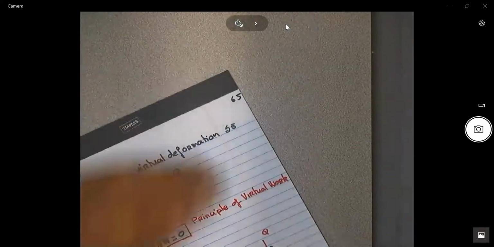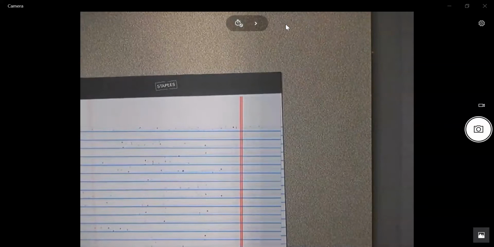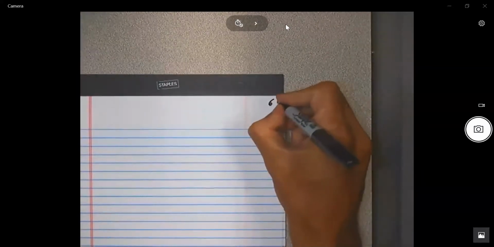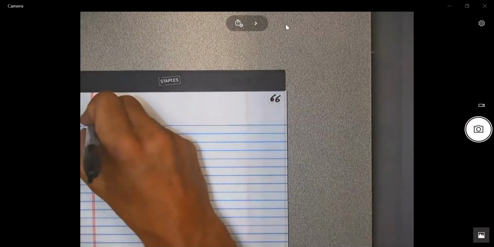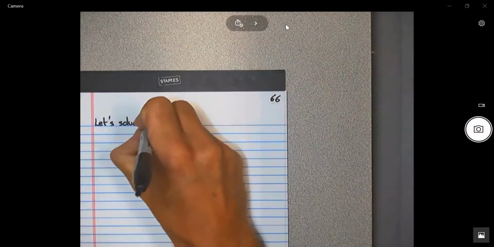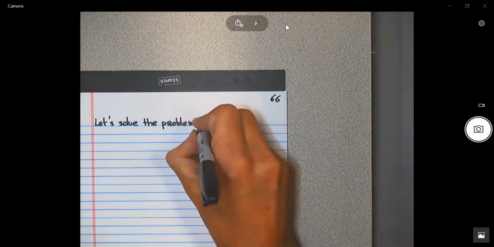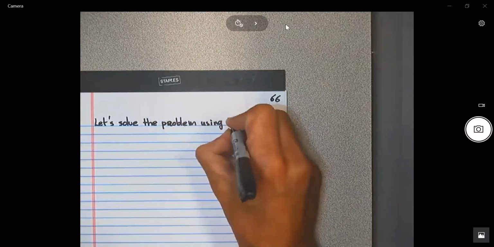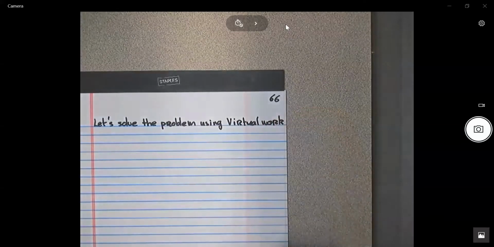Now, this is a problem where the power tool is going to make it a little bit more complicated. So basically, we now say, let's solve the problem using virtual work.